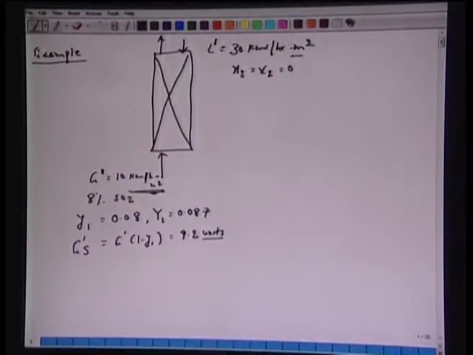It is given that 97% of sulfur dioxide has to be removed, which means Y2 can be calculated as 0.00261. So, this is 97% removal, that means 0.087 multiplied by 0.03.